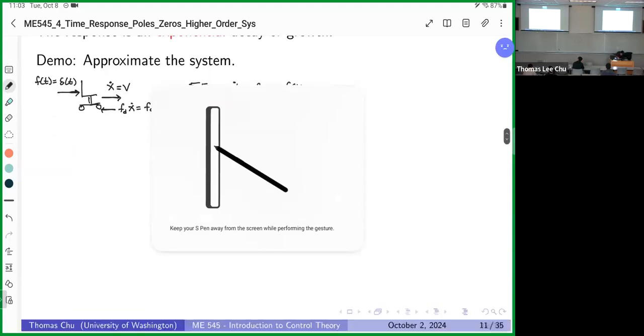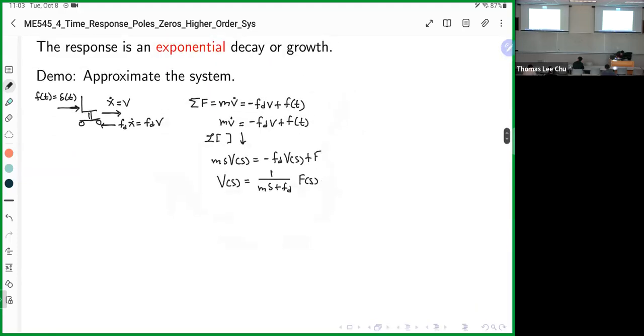So my transfer function is V of s divided by F of s. I'm going to divide the top and bottom by 1 over m, because I want s by itself. I get 1 over m divided by s plus F_D over m. So this is my transfer function.